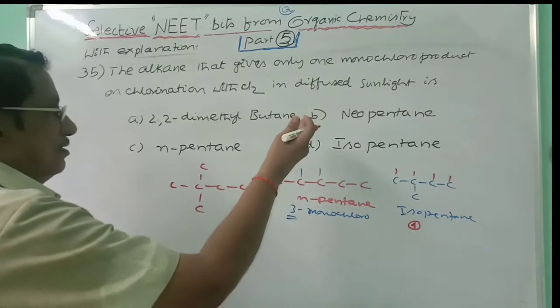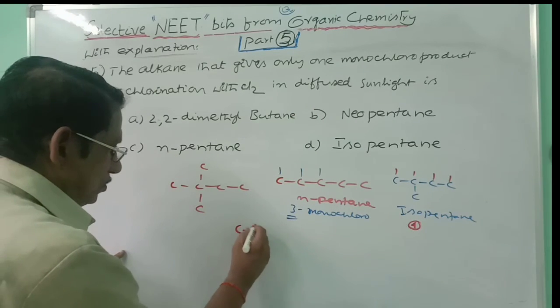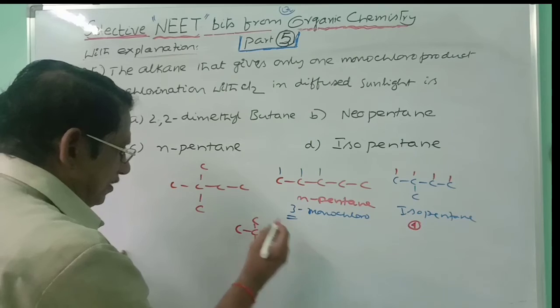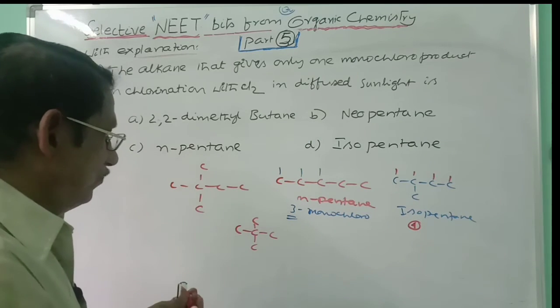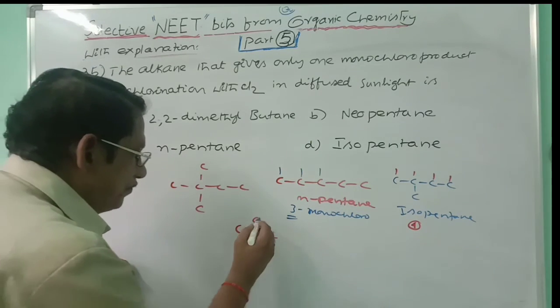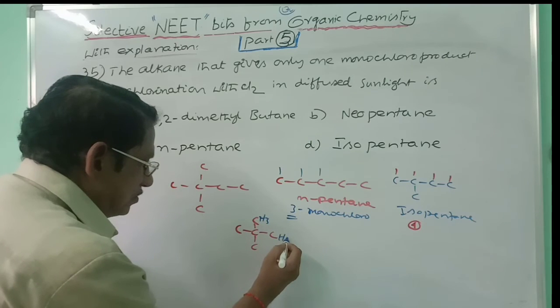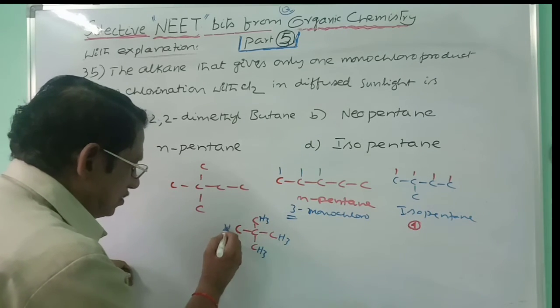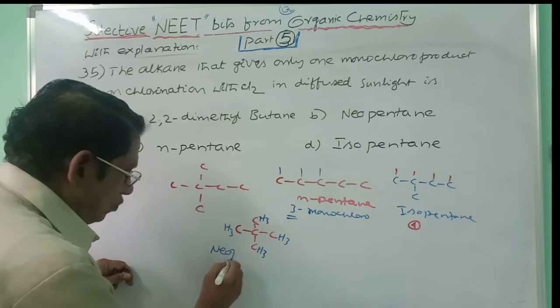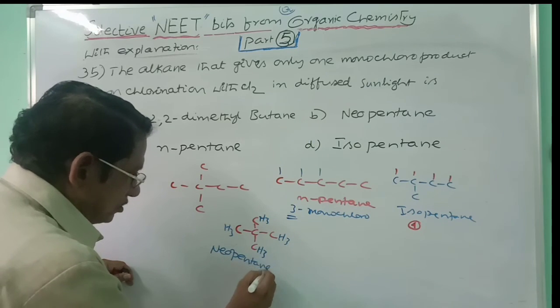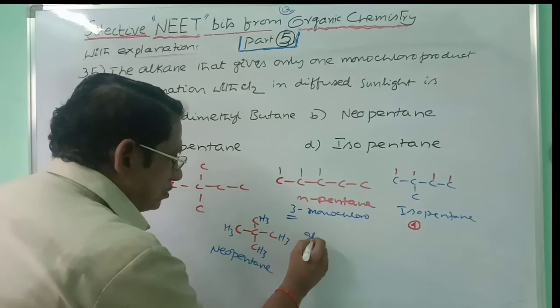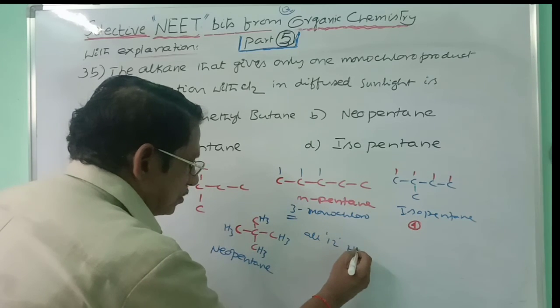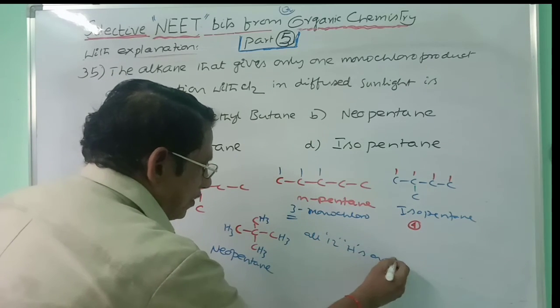And in the case of neopentane, if you adjust the hydrogens here, CH3, CH3, CH3, CH3, this is what you call neopentane. Astonishing thing is, all 12 hydrogens are primary.